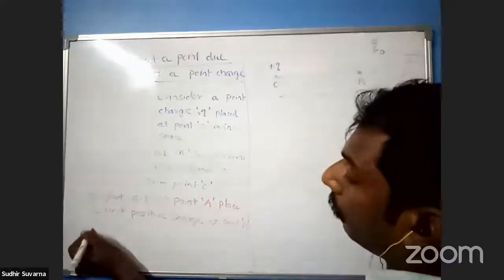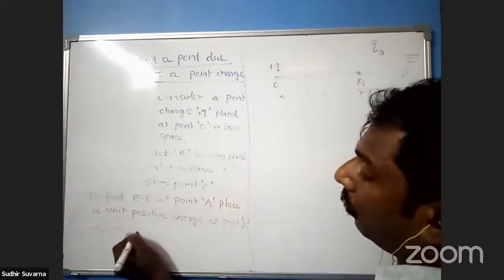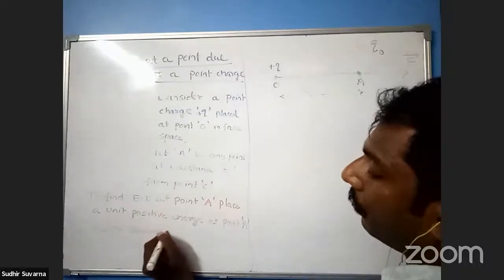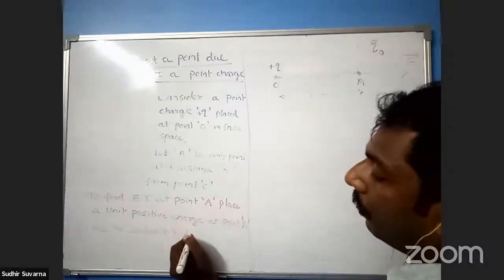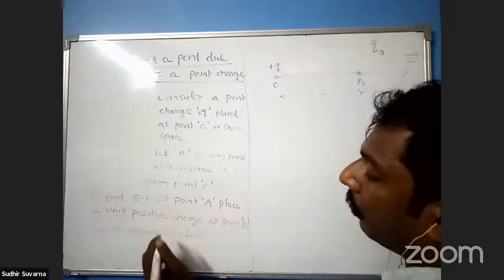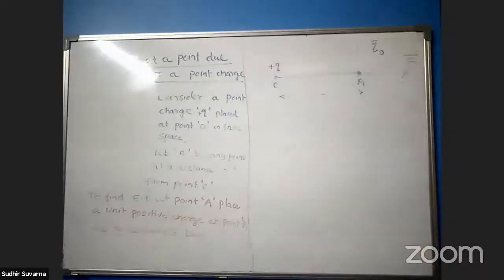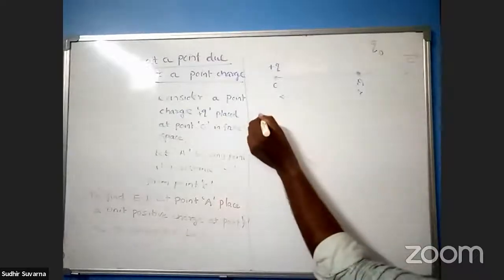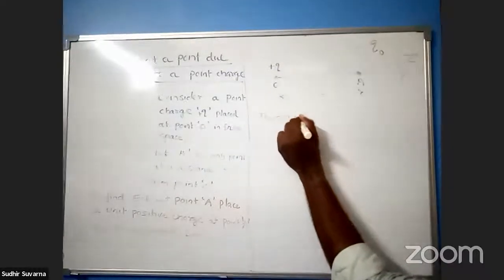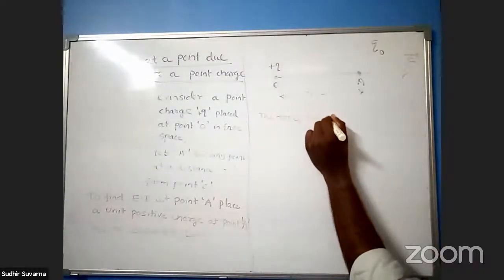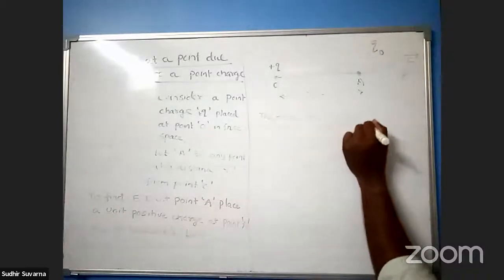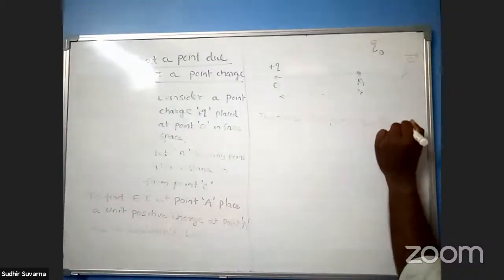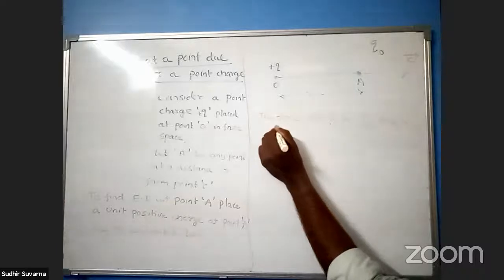So according to Coulomb's law, the expression for the force acting on Q0 due to plus Q is given by.